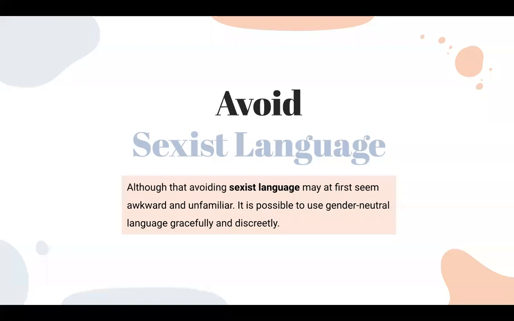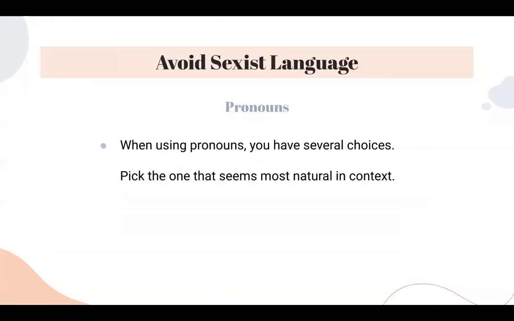Now we're going to see how to avoid sexist language. Although avoiding sexist language may at first seem awkward and unfamiliar, it is possible to use gender-neutral language gracefully and discreetly. When using pronouns, you have several choices and we have to pick the one that seems most natural in context.